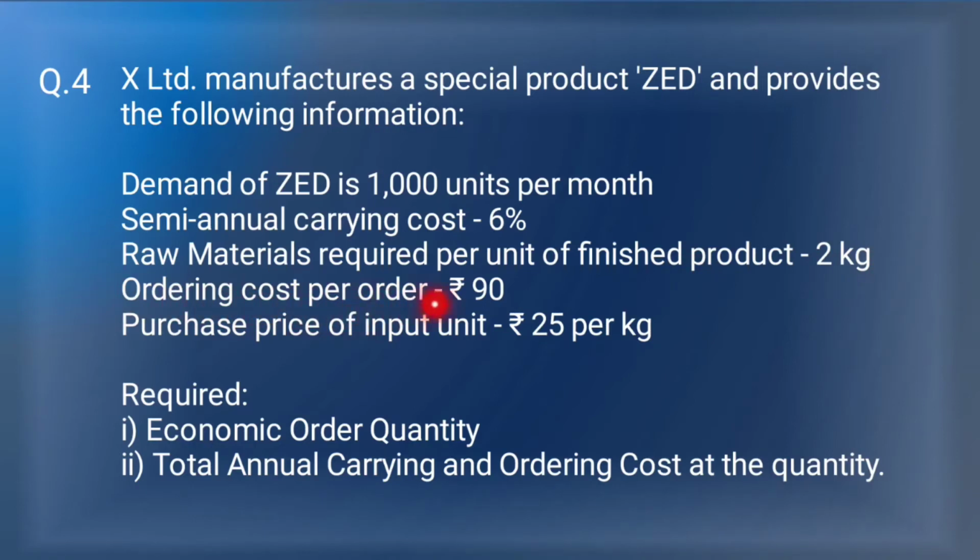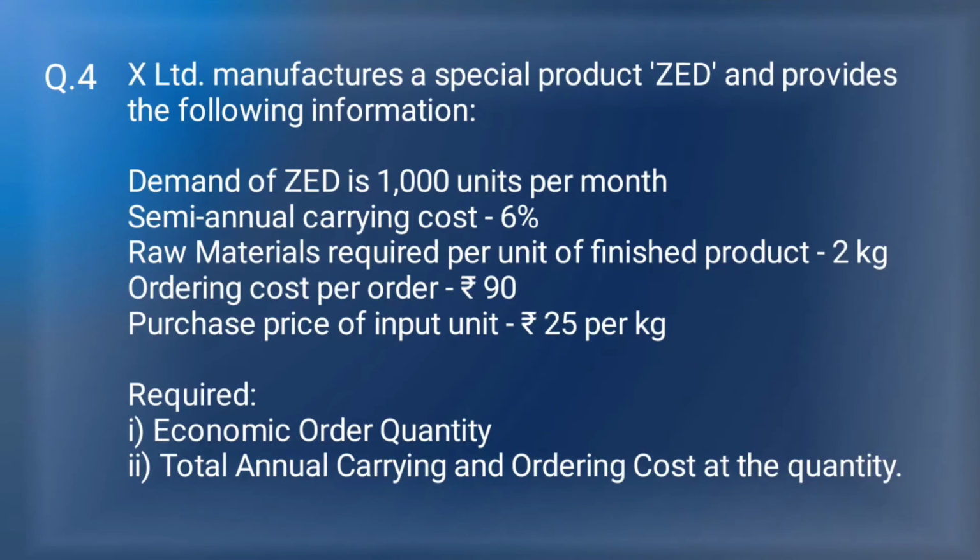Ordering cost per order is Rs 90. Purchase price of input units is Rs 25 per kg. So we need to calculate first economic order quantity, second total annual carrying and ordering cost at the quantity.